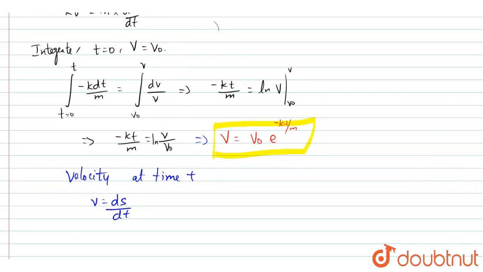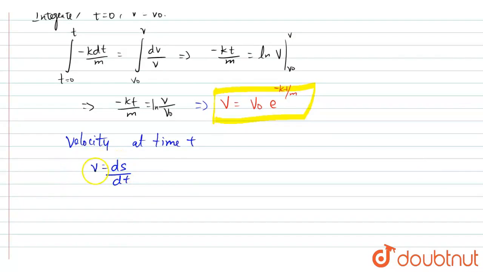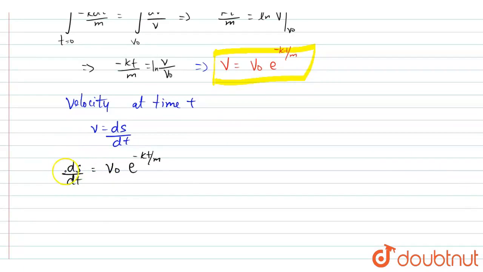So I'm going to substitute this here and equate both equations. We get ds by dt equal to v0 e power minus kt divided by m. Now I'm going to find the distance. I'm going to take dt to the right-hand side, so ds equals v0 e power minus kt divided by m into dt.